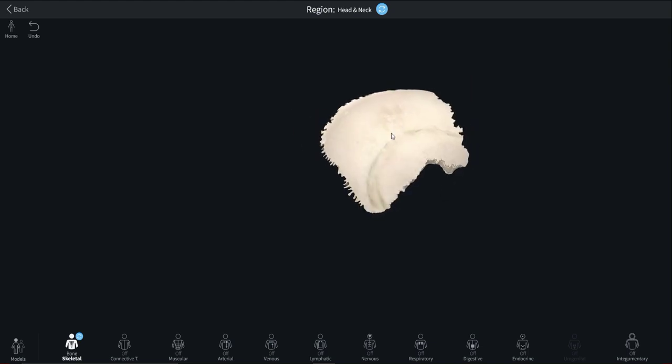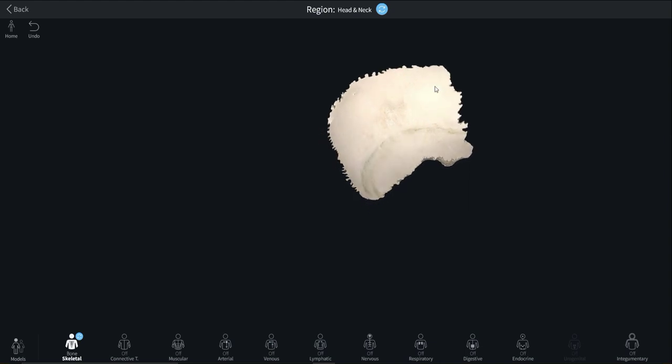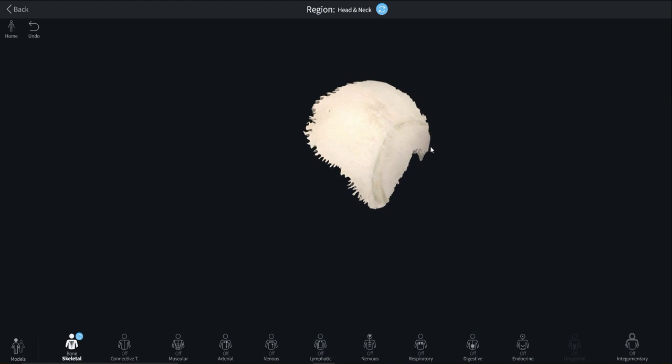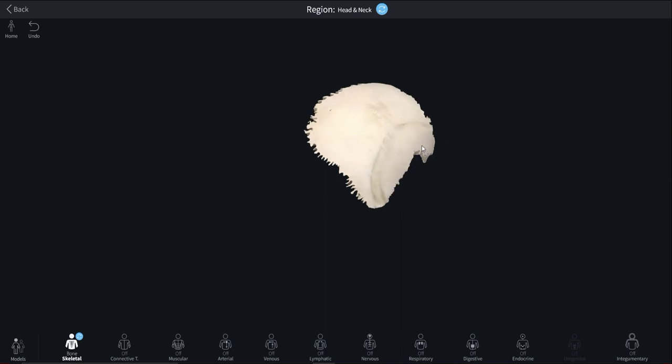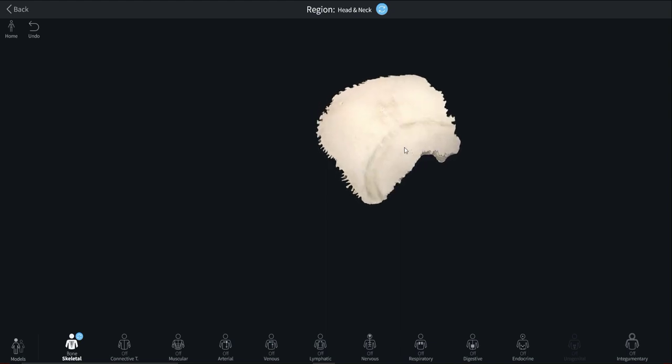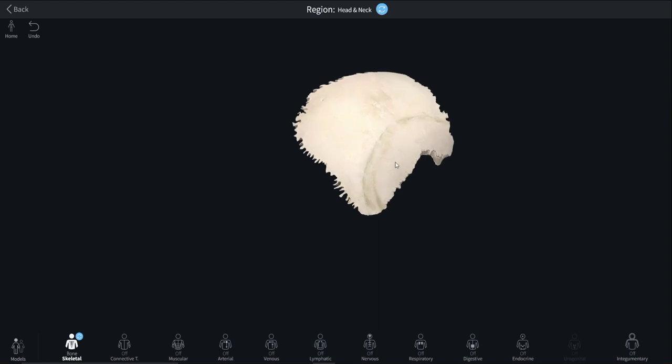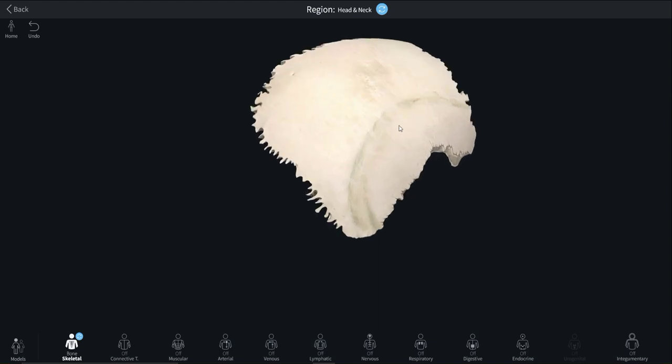Most of the cranial bones are very irregular, but the parietal bones have a quite geometric shape, that is, quadrilateral, four-sided. So the first thing we will do is describe the different anatomical aspects of the parietal bone, and for that we need a little closer inspection.